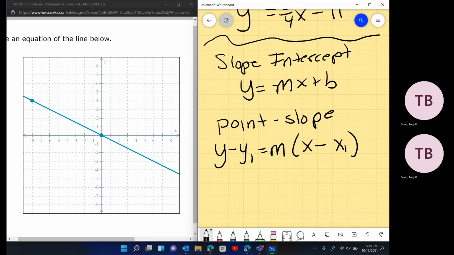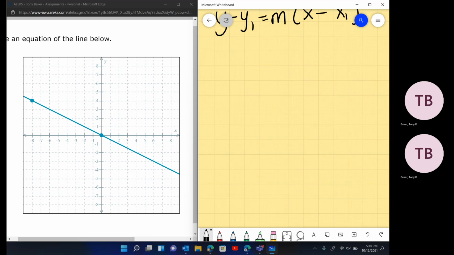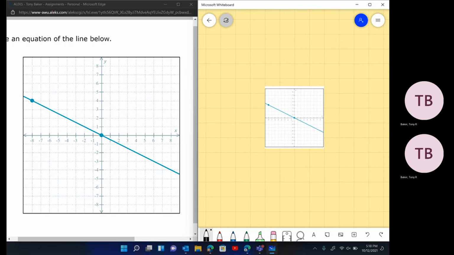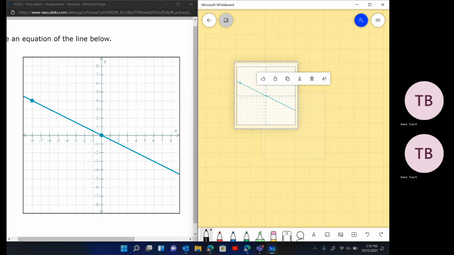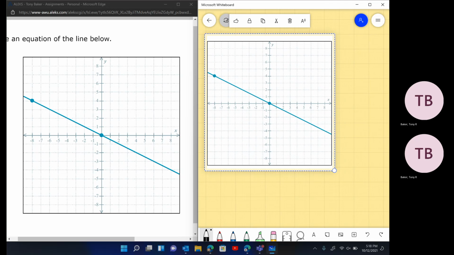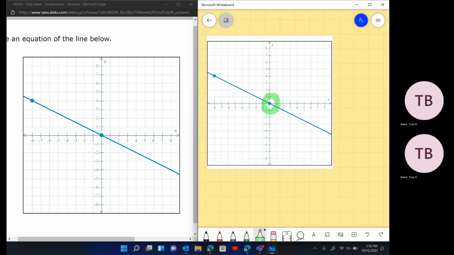So for this one, they give me the actual point on the y-axis. So that right there, b is 0. They gave me my b because they gave me the one that crosses the y-axis. Now we just have to find my slope.